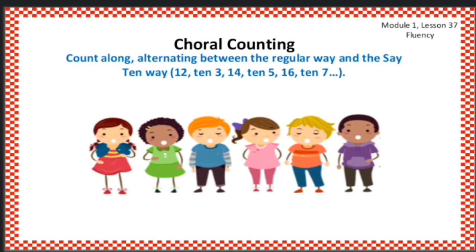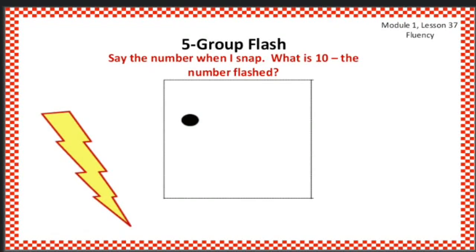Okay, so let's begin from 12. 12, 10 3, 14, 10 5, 16, 10 7, and so on. Okay, what will be the next? 18, then 10 9, and so on. It's so simple.